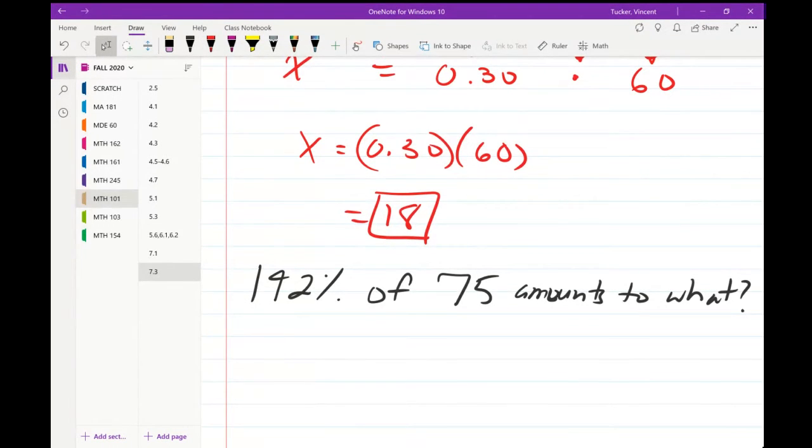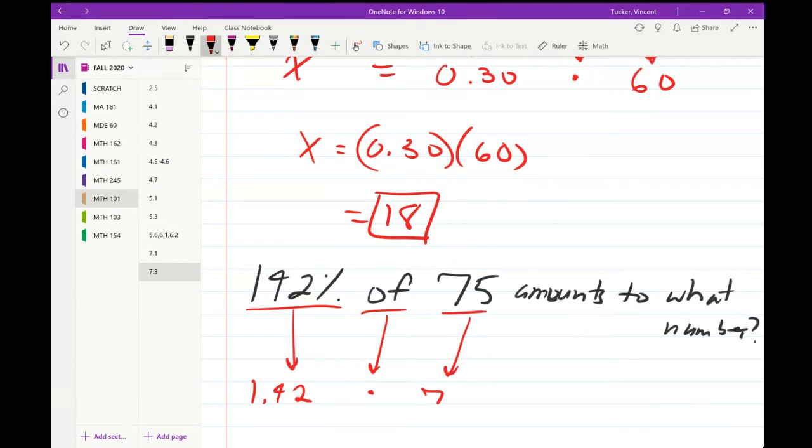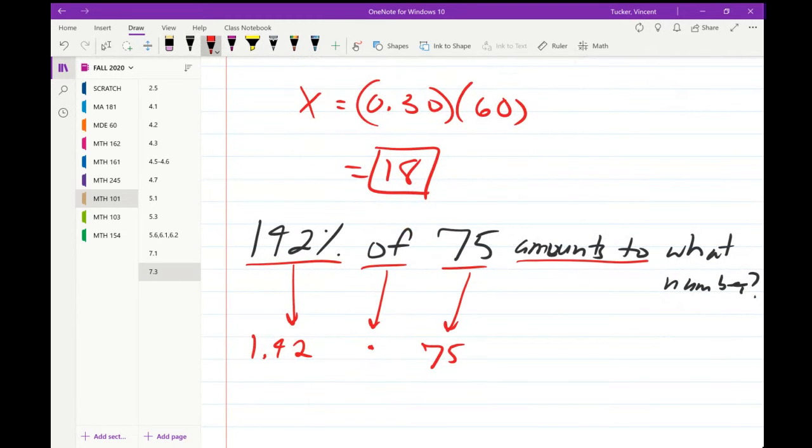All right, here, 142% of 75 amounts to what number? 142% as a decimal is 1.42. You just move your decimal two places to the left. "Of" is multiplication. 75 is 75. "Amounts to" is equal.